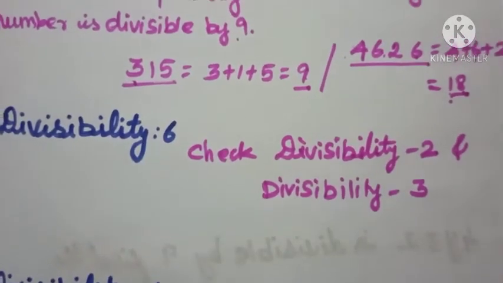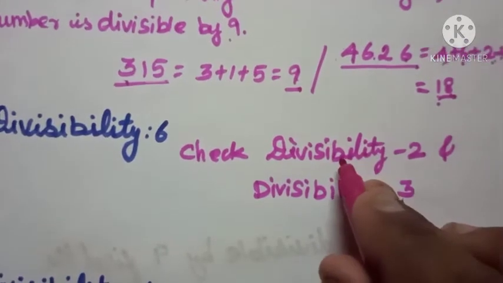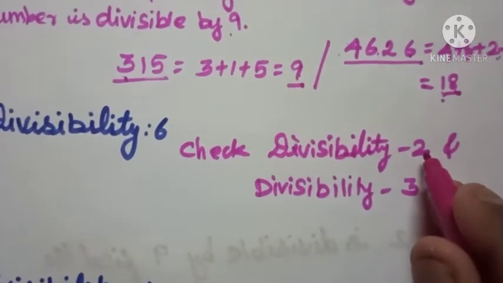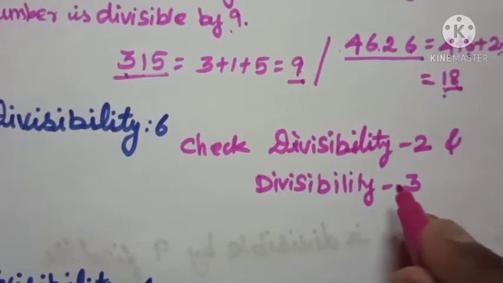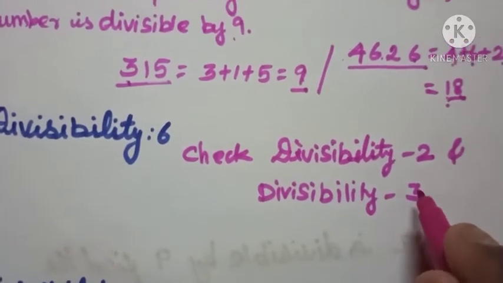For example, if a number satisfies divisibility rule 2 but doesn't satisfy divisibility rule 3, that number is not divisible by 6.